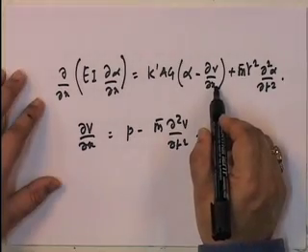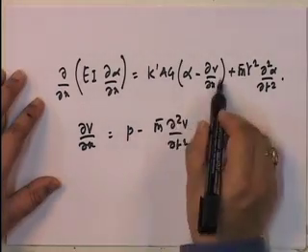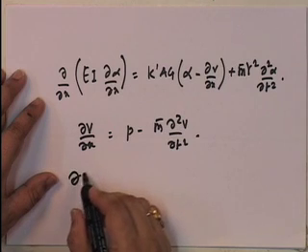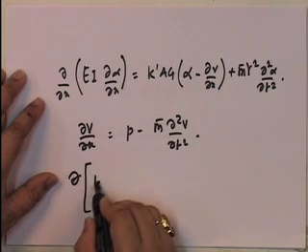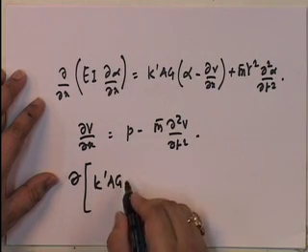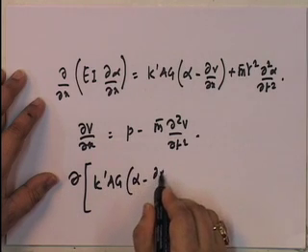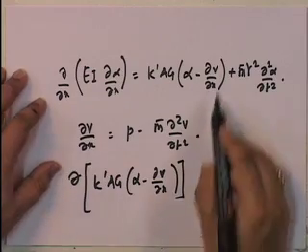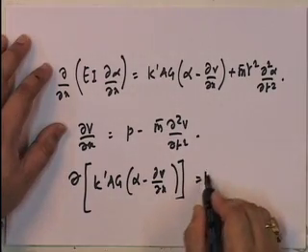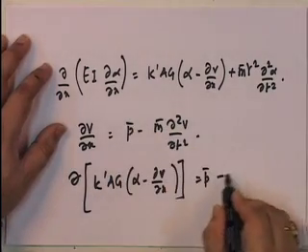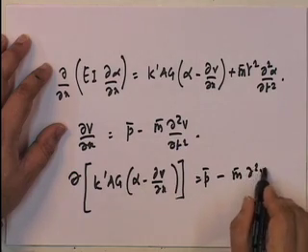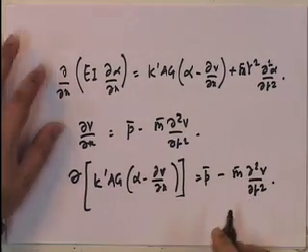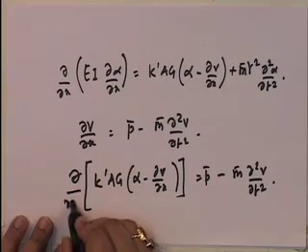V is this. So, therefore, what we get is del of K prime A G into alpha minus del v by del x, that is V, is equal to p bar minus m bar del squared v by del t squared, sorry, del by del x.